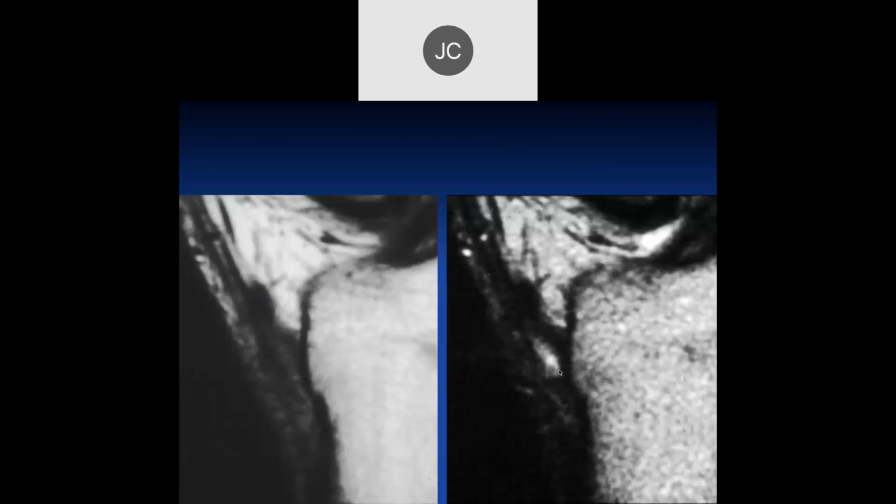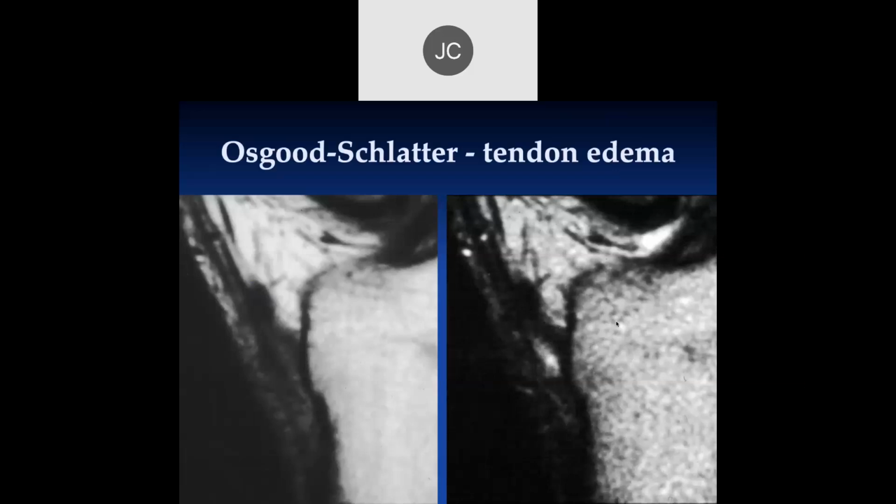Yeah, so this is a partial insertional tear. This is in an older individual, as we can see here, this is not in a child. So this really isn't Osgood-Schlatter disease, but it is kind of a low-grade lesion where you actually have a partial tear of the tendon at its distal insertion.